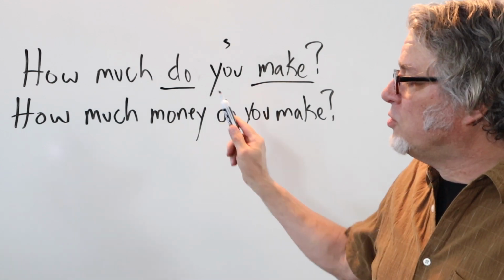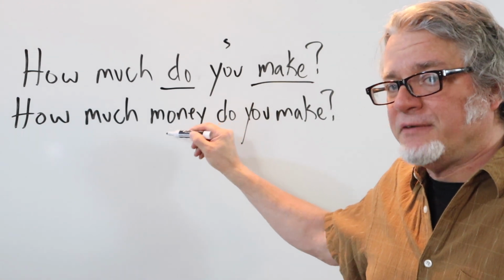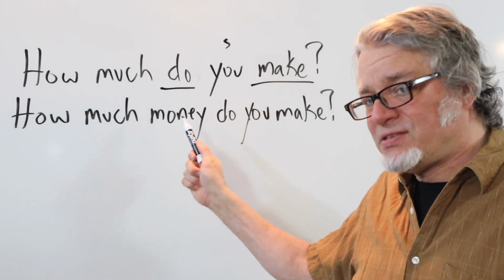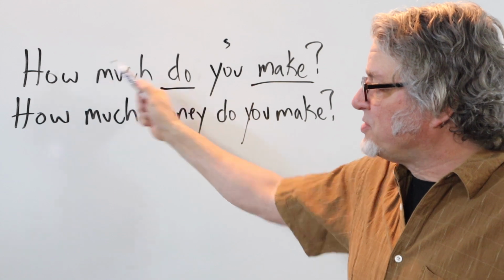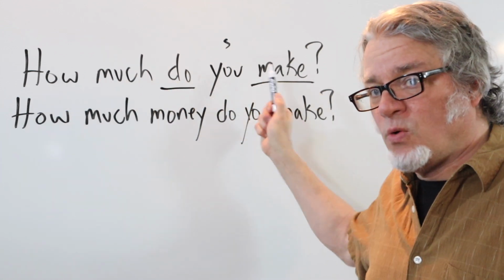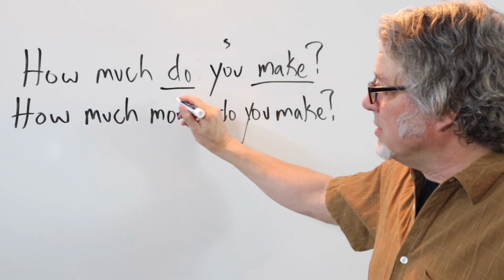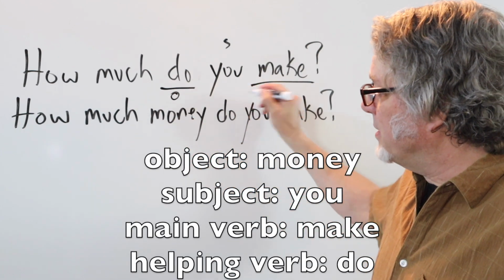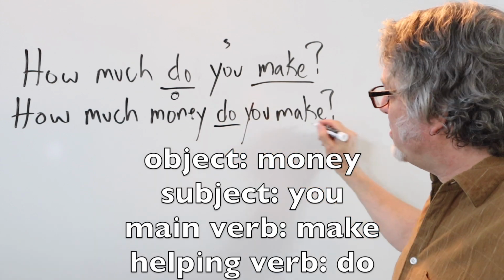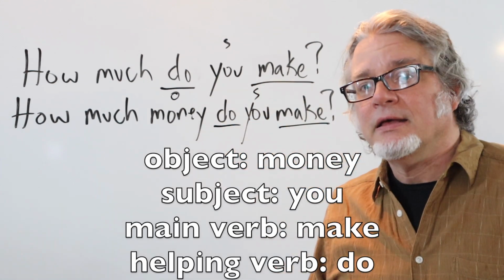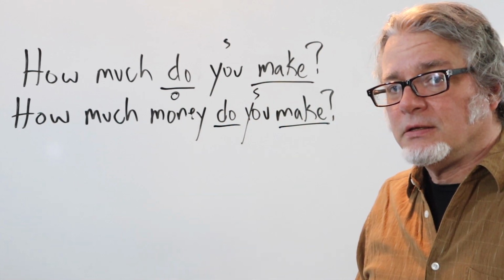Or you could use the word money after how much, although it's not necessary, because everyone understands that this is a question about salary or wages. But this is the object, and then here again you have the helping verb, main verb, and then that's the subject.